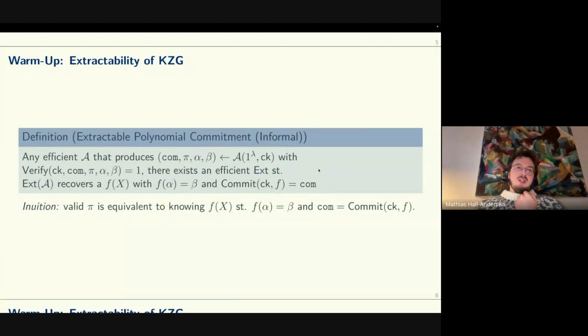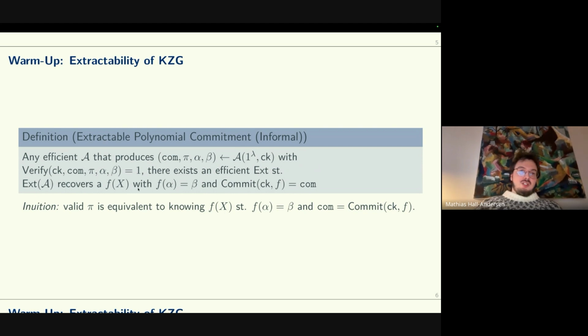It says that if you have an efficient adversary, some algorithm A that produces a commitment and an opening proof for alpha, beta such that it verifies, then there also exists some other efficient algorithm such that, when I give it access to A's code, it can recover the polynomial such that the polynomial at alpha evaluates to beta, and the polynomial is inside the commitment. If I recommit to the polynomial, I get the commitment. This is not a hiding commitment in this case.